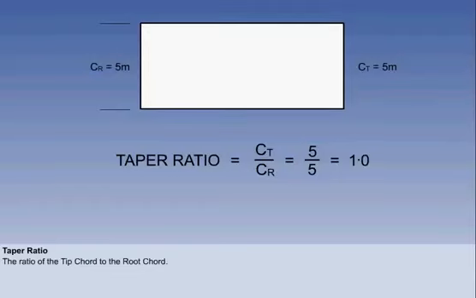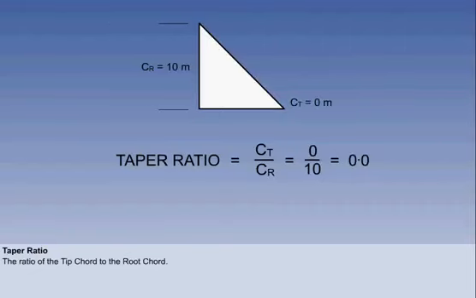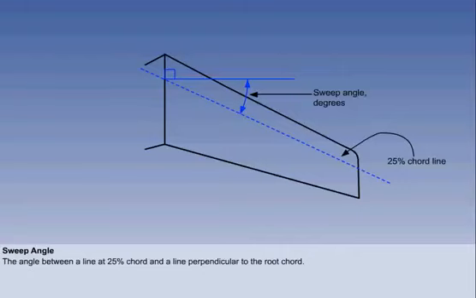Ratios range from 1 for a rectangular wing to 0 for a delta wing with a pointed tip. For a swept wing, the sweep angle is usually measured as the angle between the line along the wing joining points of 25% chord and a line perpendicular to the root chord or aircraft centerline.